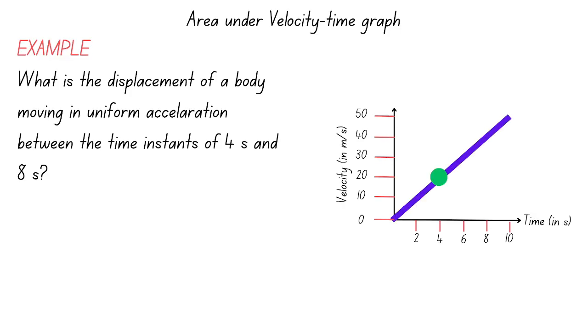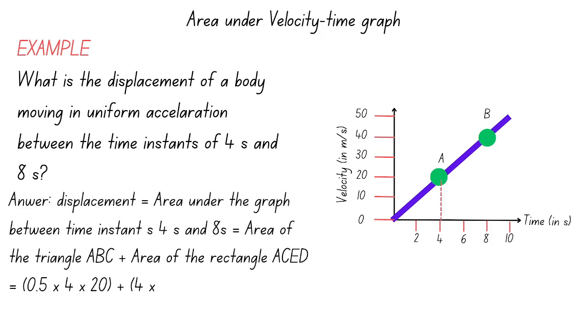What is the displacement of a body moving in uniform acceleration between the time instants of 4 seconds and 8 seconds? The answer is displacement equals the area under the graph between time instants 4 seconds and 8 seconds, equals the area of the triangle ABC plus the area of the rectangle ACED, that makes 120 meters.